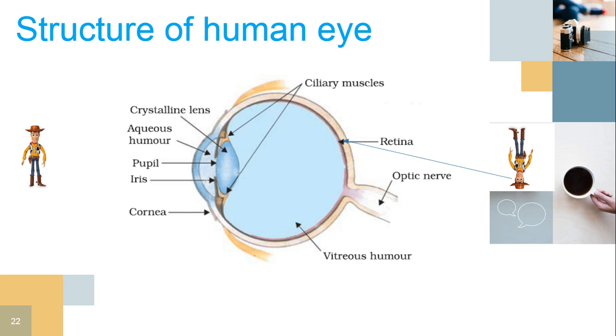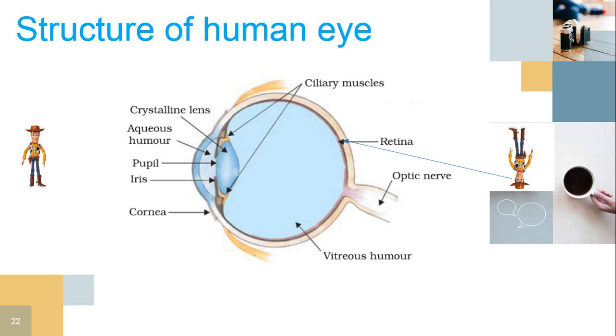The image formed on the retina is conveyed to the brain by the optical nerves and gives rise to the sensation of vision. Actually, the retina has a number of light sensitive cells. When the image falls on the retina, the light sensitive cells get activated and generate electrical signals.